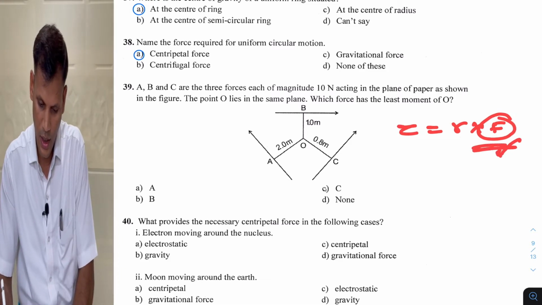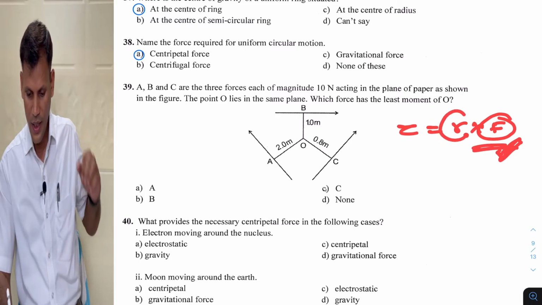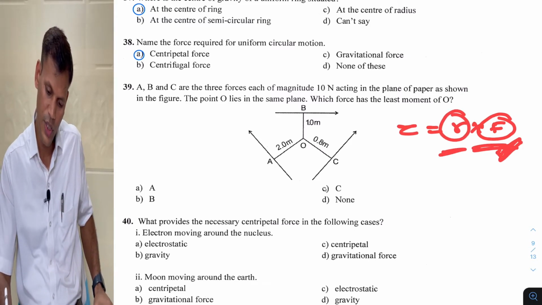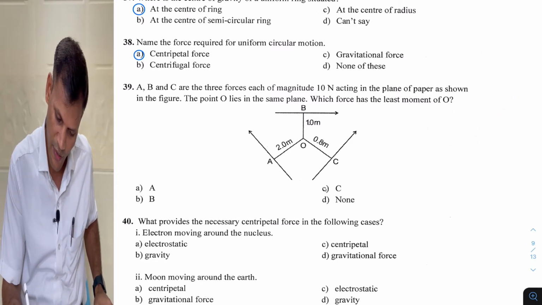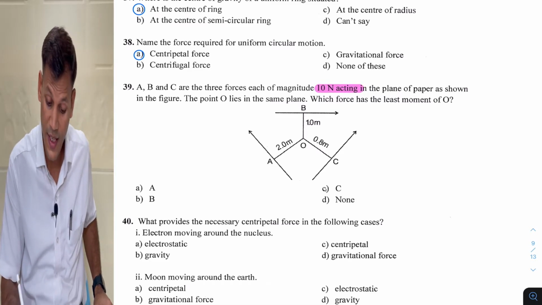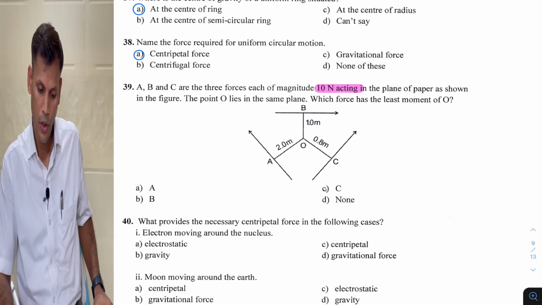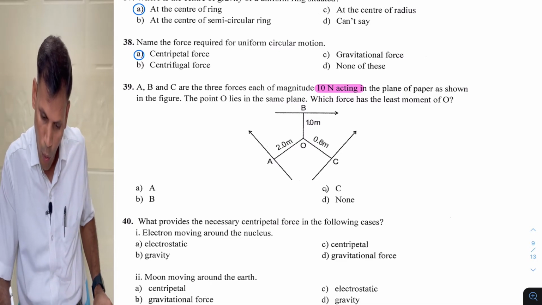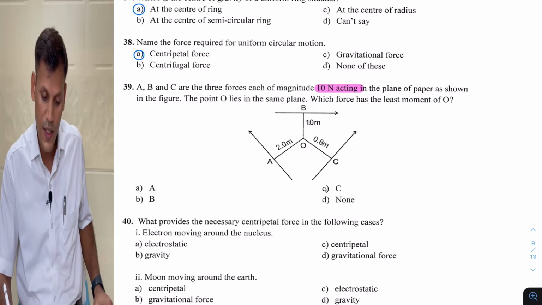Now, distances and force. Force is 10 Newton everywhere. So, where the distance is large, that will have more moment, and which will have a smaller distance, that will have the least moment.